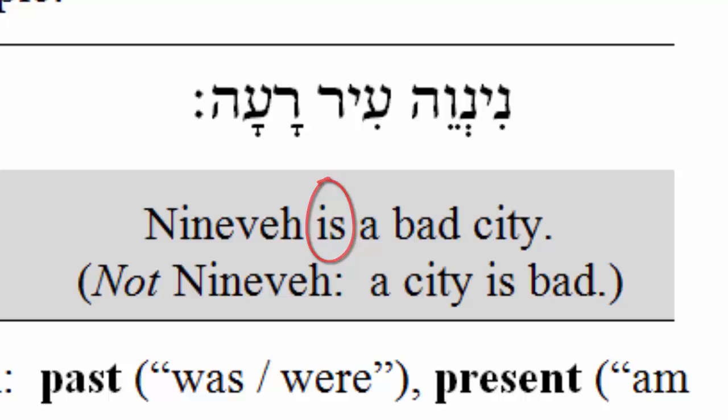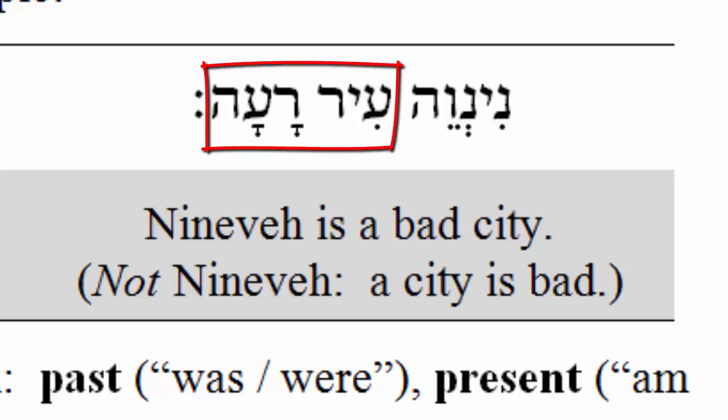Notice this does not mean Nineveh, a city is bad. The verb to be would follow the city name Nineveh, and then ir ra'ah is an adjective phrase, a bad city, just on the order of kali katan, a small container, or oniyah yevesha, a dry boat.